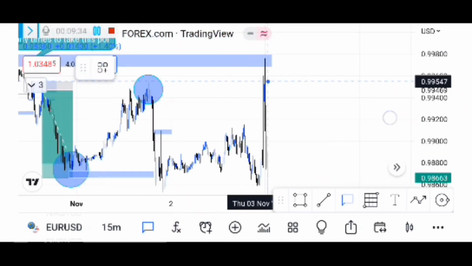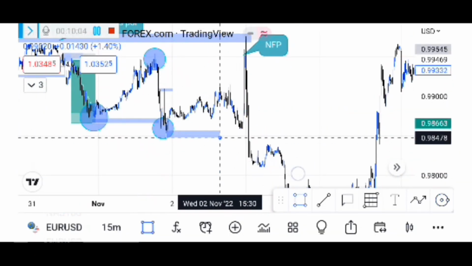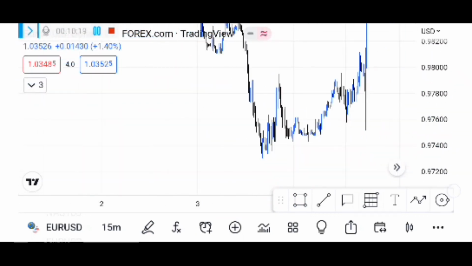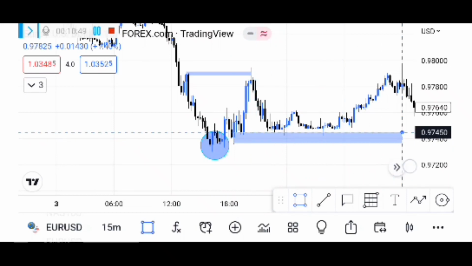You can see market is to break SMB and NFP event come, and how I take a big order and I make much money from this idea.